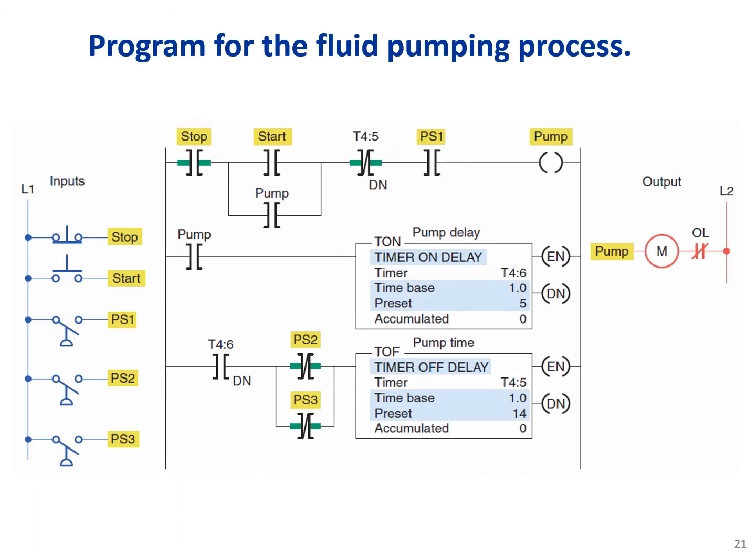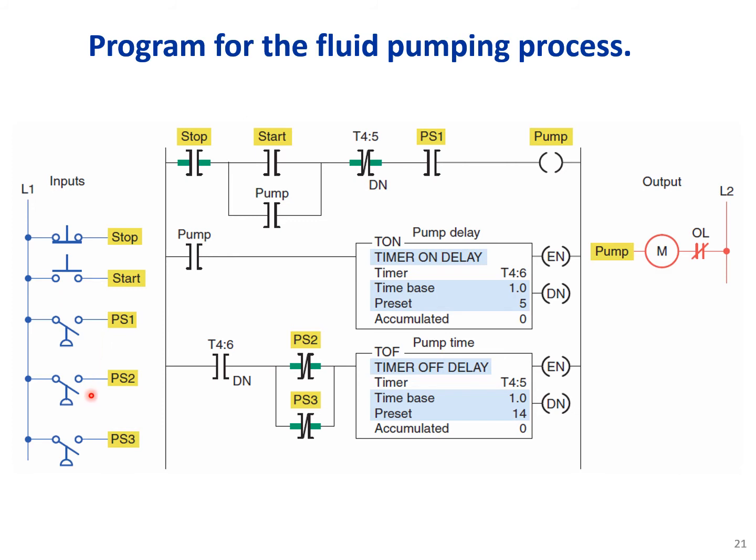Okay, here is one solution. Please be aware that many times we don't have a unique solution, and you could come up with different solutions. However, we have one solution presented here as an example, and you could learn. We have a stop button, which is normally closed, and a start button, normally open.